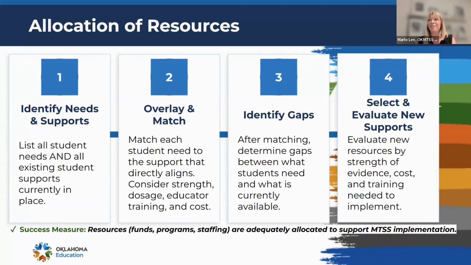Cost, of course, we have to make it feasible for schools, and this is my number 1 thing, making sure that your staff is trained to implement it. So on the rubric for this, the success measure would be resources, including funds, programs, staffing, are adequately allocated to support MTSS implementation.